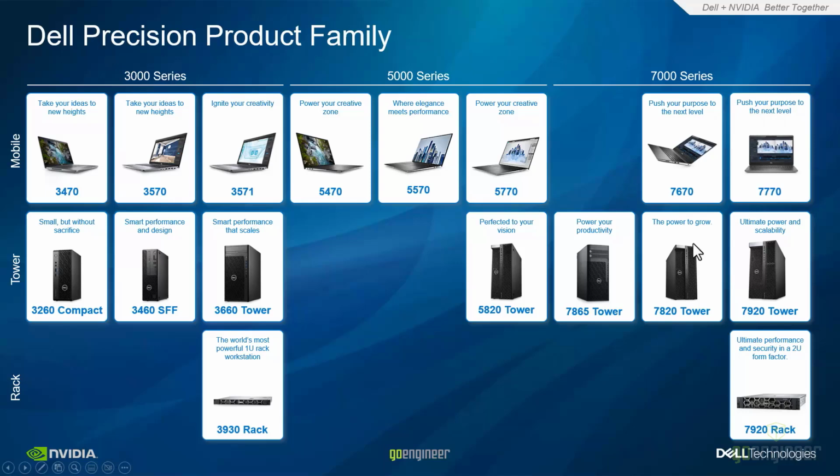And then, you know, here in the towers, you can add two or even three high-end NVIDIA graphics cards into these towers in the rack to really get extra rendering performance there.